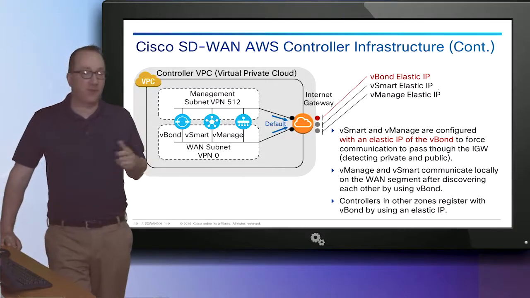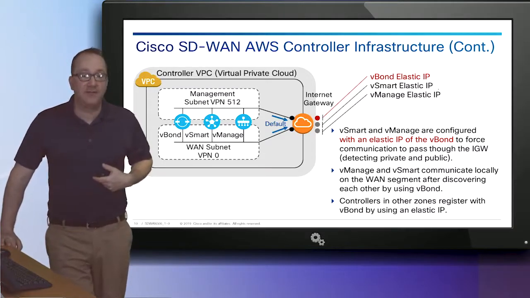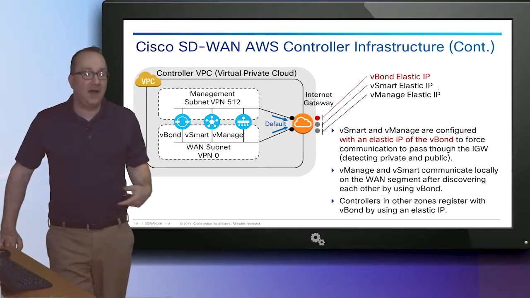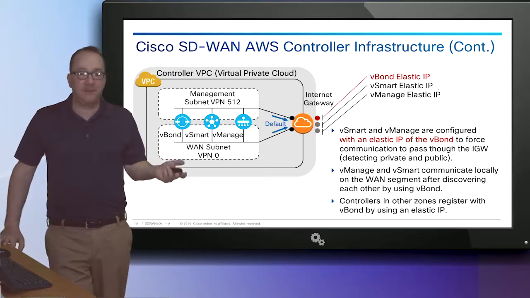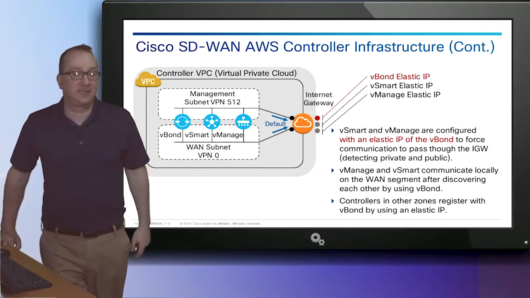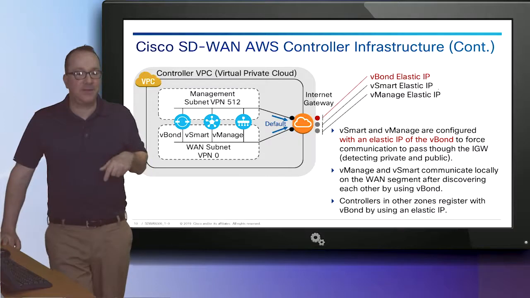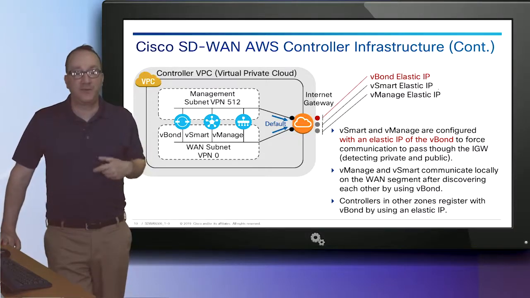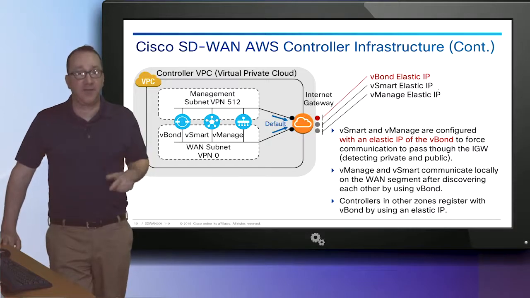This way, traffic is always forced out of the virtual private cloud and through the elastic IP of the vBond back in. This is so that we can detect NAT private and public IP addressing, which vBond can detect and resolve correctly. We'll see later that you must configure an IP address of the vBond on every other controller and edge node. Remember to always configure the same elastic IP of the vBond on all devices.